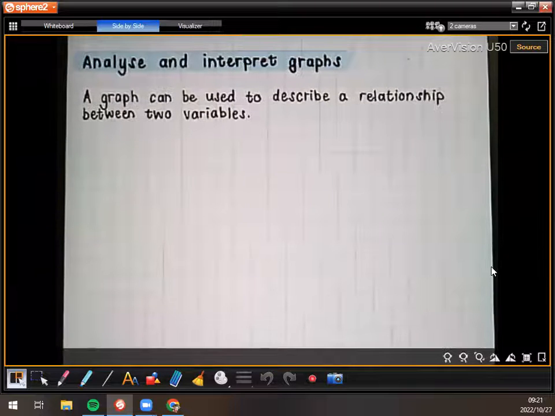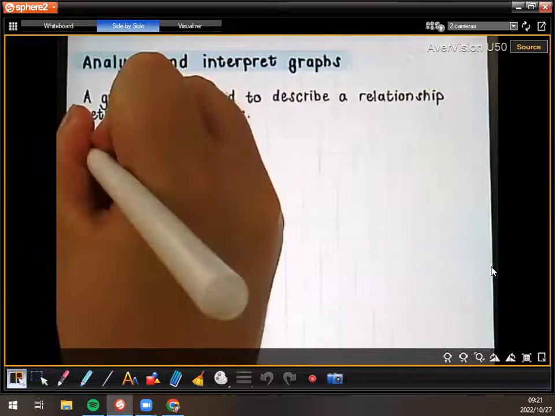Okay, have you guys heard of dependent and independent variables? Yeah, let's just quickly write that down.